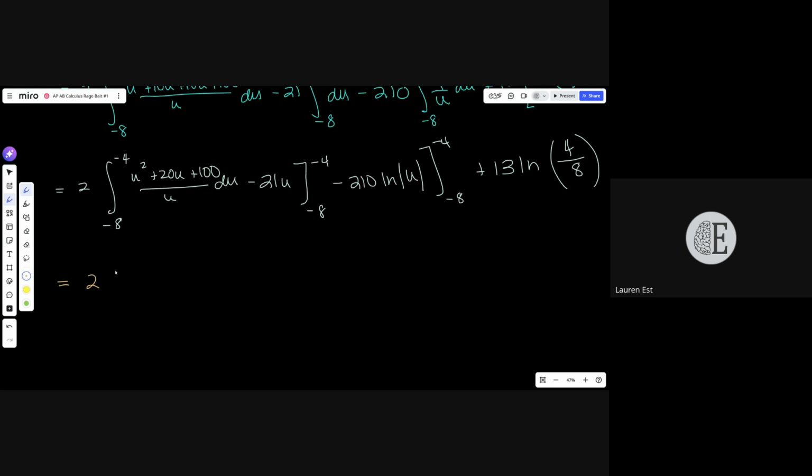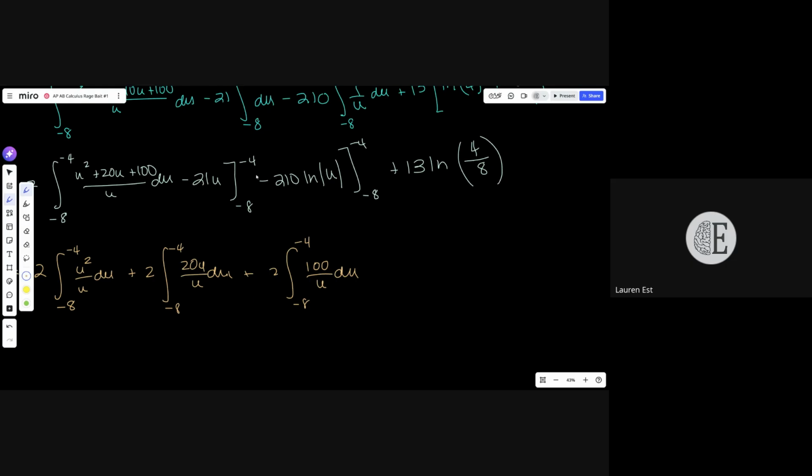I am shocked. My poor student just stared at me as I rattled off into the abyss. So I'm going to split this one up again. So the -8, -4. This is going to be u squared over u du plus the integral from -8 to -4 of 20u over u du plus the integral from -8 to -4 of 100 over u du.